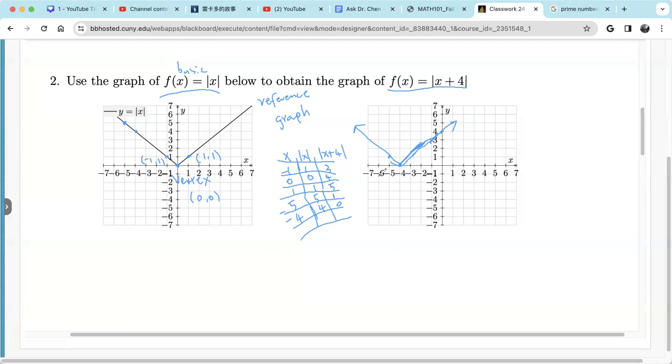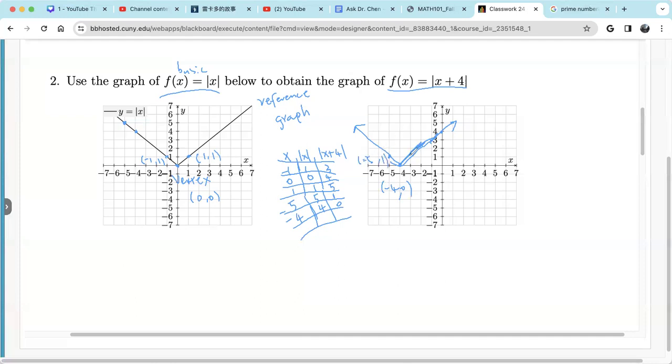Now let's compare these 2 graphs. Let's compare this one with the reference graph. Do you see every point being moved to the left 4 units? 0, 0 is now moved to negative 4, 0. Negative 1, 1 moved to negative 5, 1.